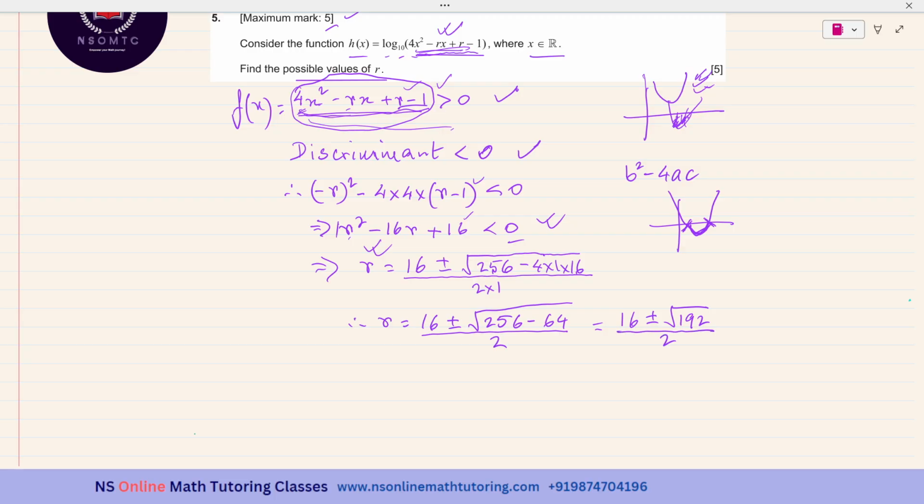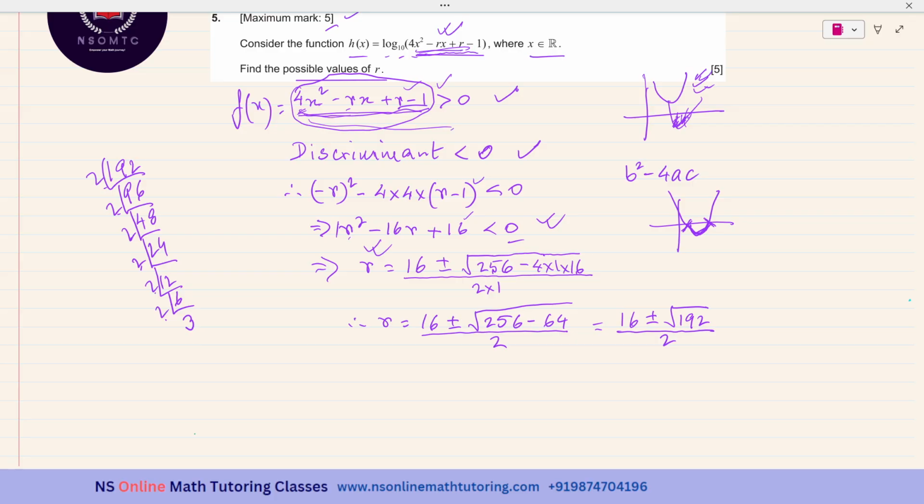And let me get the factors of 192. It is 2 times 96, 2 times 48, 2 times 24, 2 times 12, 2 times 6, 2 times 3. So there are 6 twos and 1 three.